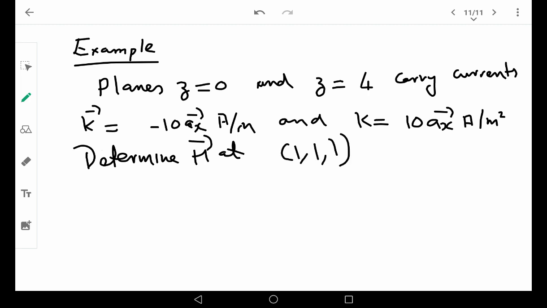Okay, so you have the z equal to 0 plane, right? So that is the XY plane itself. So you have the x-axis, y-axis, and z-axis like this.